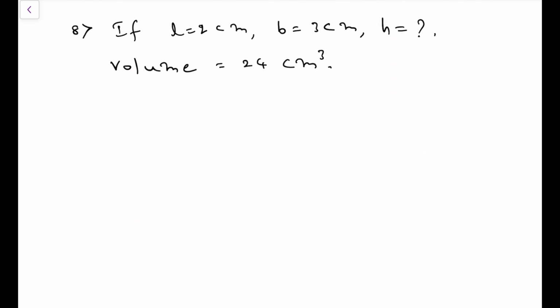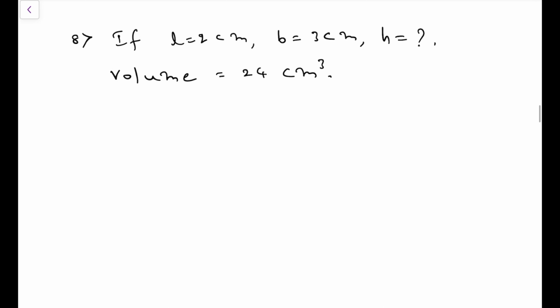Coming to the next question. If length equals 2 centimeter and breadth equals 3 centimeter, then find height of the cuboid if volume is 24 centimeter cube. So volume of a cuboid formula is L into B into H, or LBH simply. Length into breadth into height. Volume is given as 24. So under the volume, 24 equals L is 2 into B is 3 into height is not given, right?